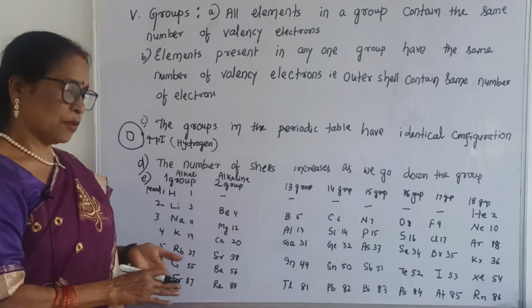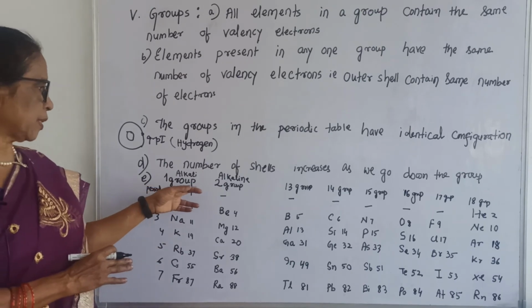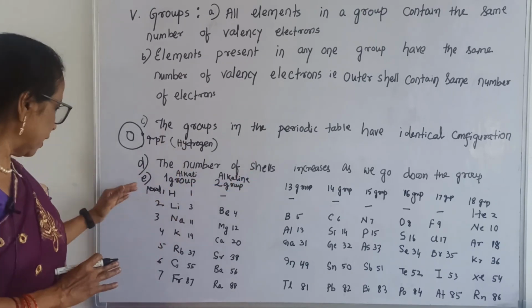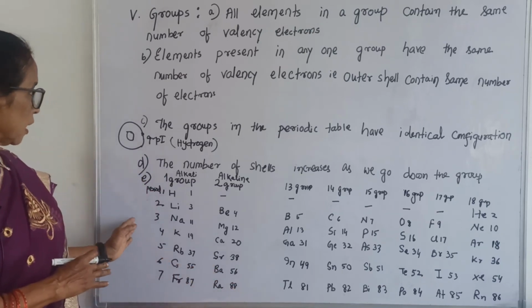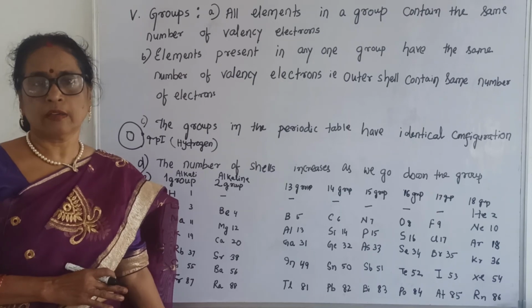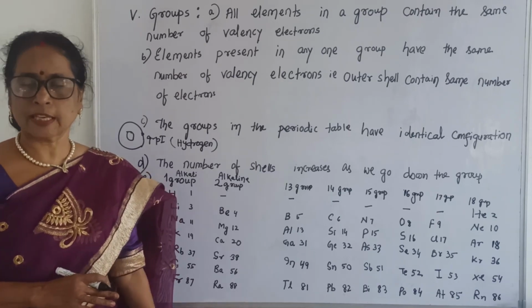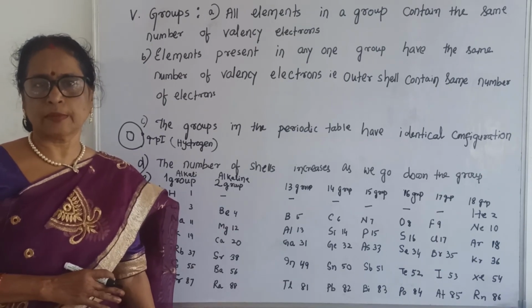In higher classes you will learn all the atomic numbers. So how many groups are there? 18 groups. How many periods? 7 periods. Now we will see other properties of group, period, and atomic number, atomic size, atomic mass, isotopes, all the things will be clear.